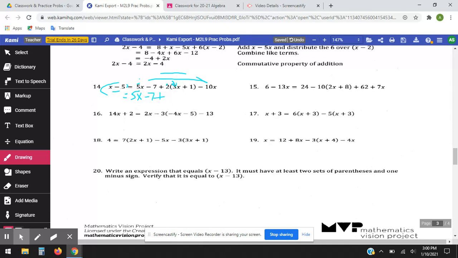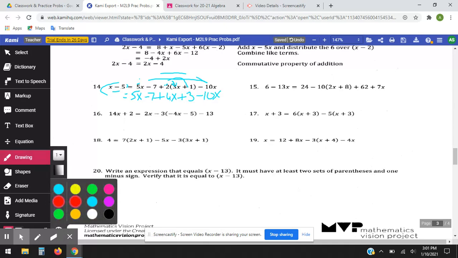Plus, let's distribute. 2 times 3 is 6x. 2 times 1 is 2, so plus 2 minus 10x. If I take all of my x's, 5x, 6x, minus 10x, 5 plus 6 is 11, minus 10 is x.